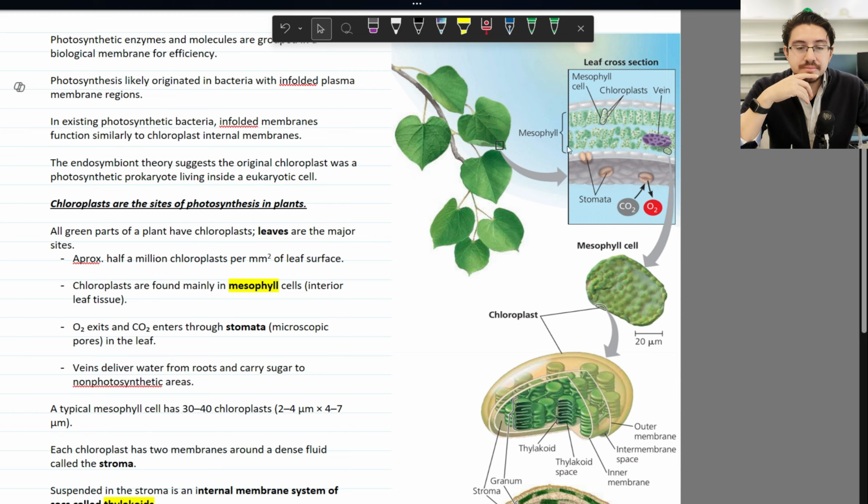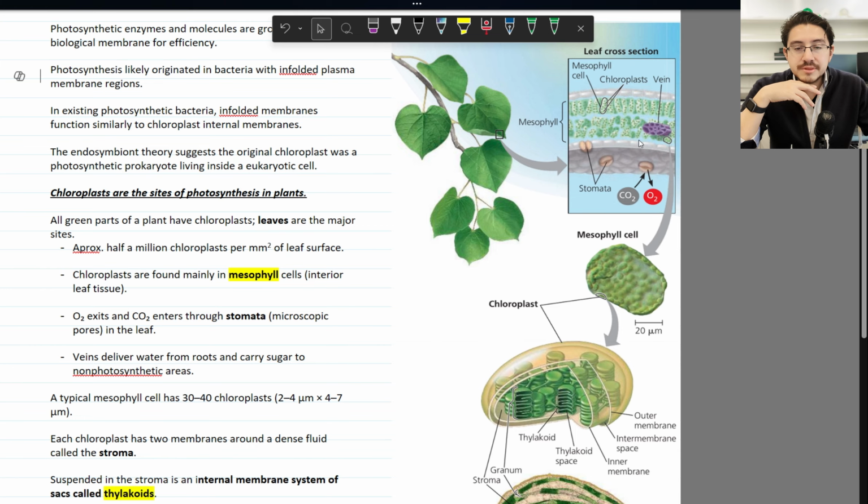You have a mesophyll layer, and there are two types of mesophyll layer. This is essentially where the photosynthetic cells that contain the chloroplasts are. These mesophyll layers house a lot of chloroplasts, in that interior leaf tissue.